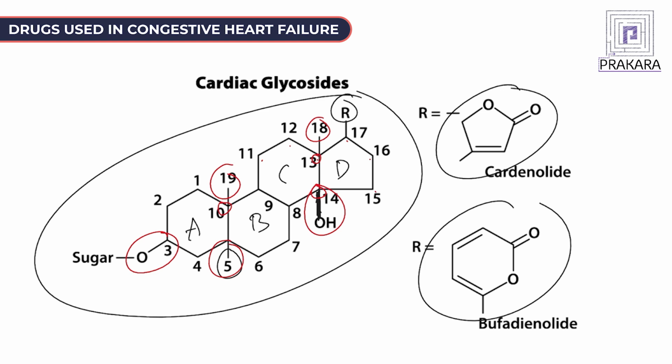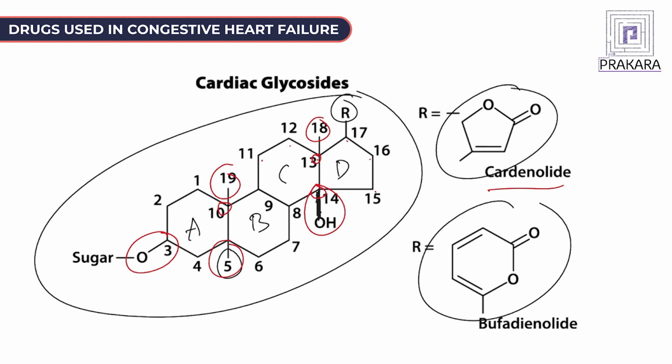I repeat, aglycone is a steroidal structure, a derivative of the cyclopentanoperhydrophenanthrene ring structure. The numbering starts from ring A, and we can assign numbers to bridgehead carbons also in steroid chemistry. At C17, each aglycone is attached with a lactone, which can be an alpha beta unsaturated 5-membered or 6-membered lactone.